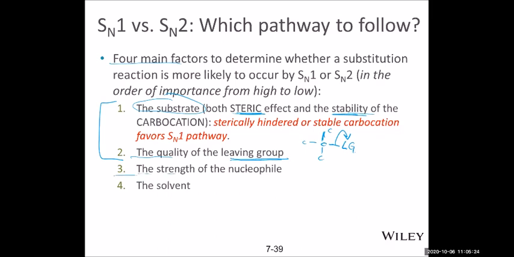This is not always critical, because as you can see, in the SN1 reaction the nucleophile is not involved in the slow step. It is only critical for SN2. And finally, the solvent. The solvent has some effect, and we need to know this. It's not something major, but we need to be aware of it.